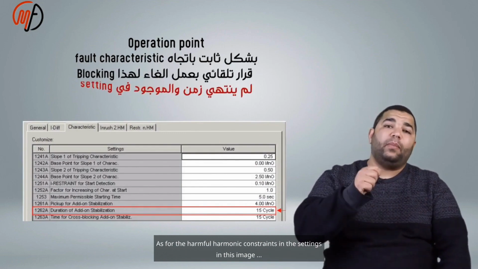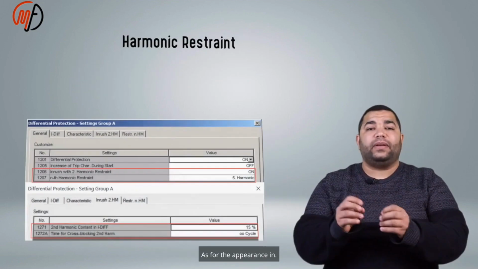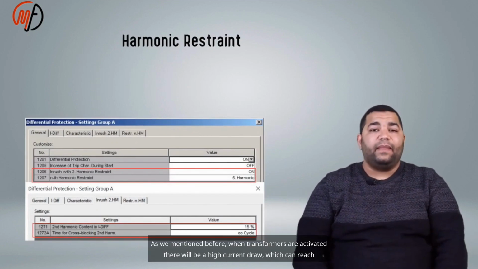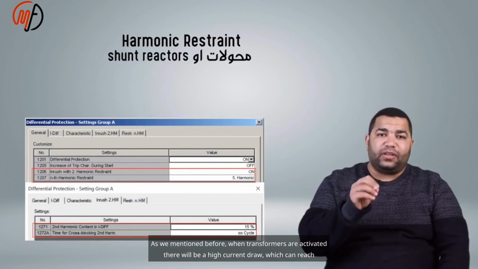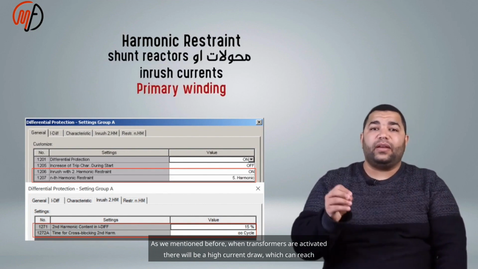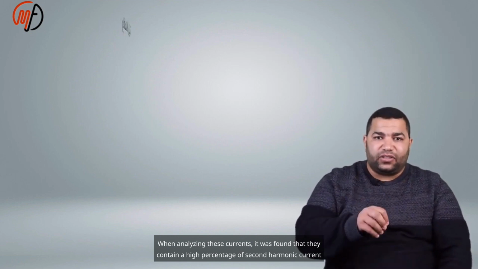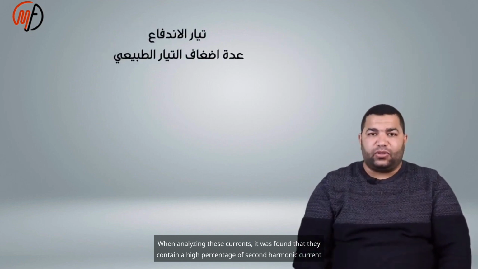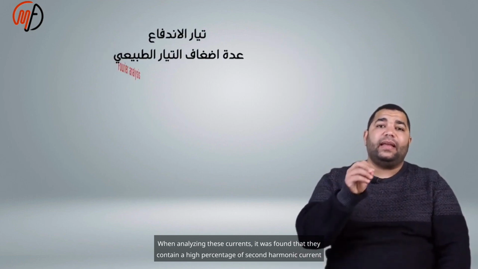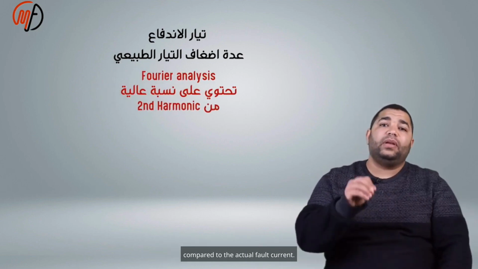As for the harmful harmonic constraints in the settings, as we mentioned before, when transformers are energized, there will be a high inrush current, which can reach several times the normal current. When analyzing these currents, it was found that they contain a high percentage of second harmonic current compared to the actual fault current.